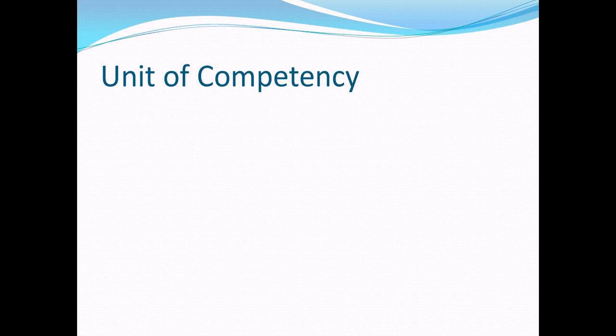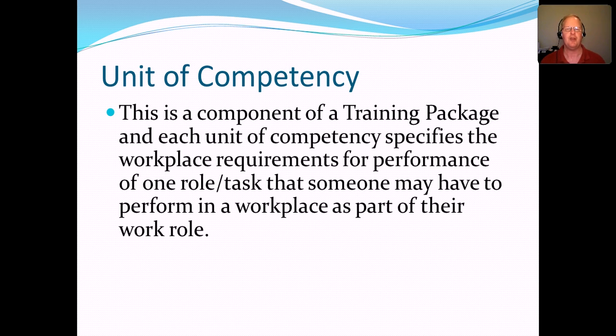The unit of competency is a component of a training package, and each unit of competency specifies the workplace requirements for performance of one role or task that someone may have to perform in a workplace as part of their work role.